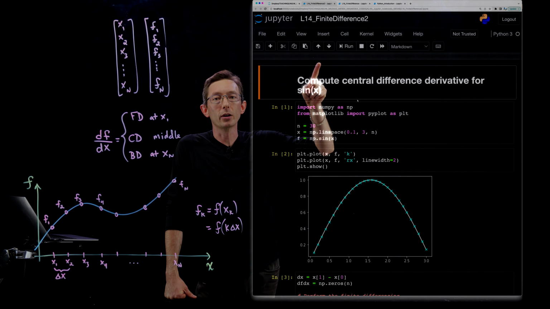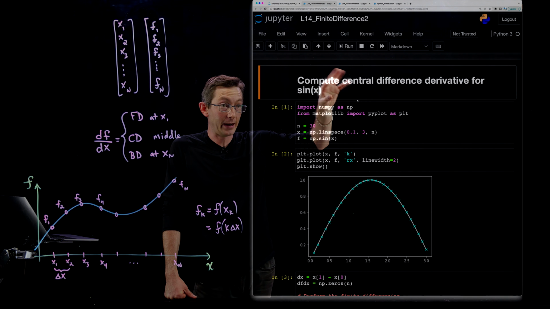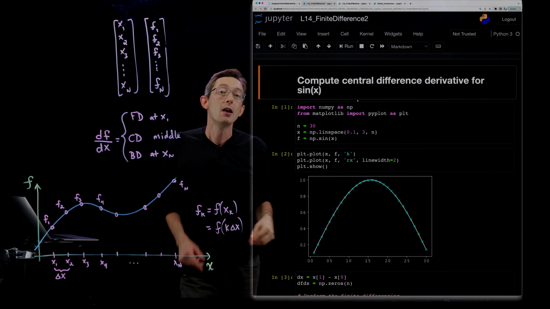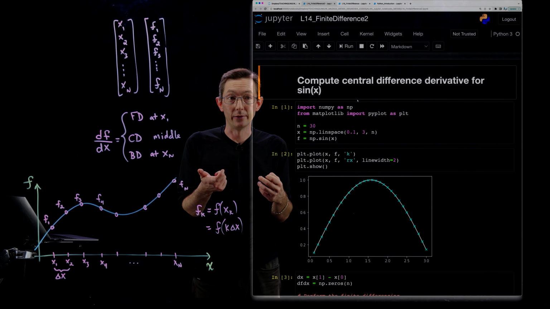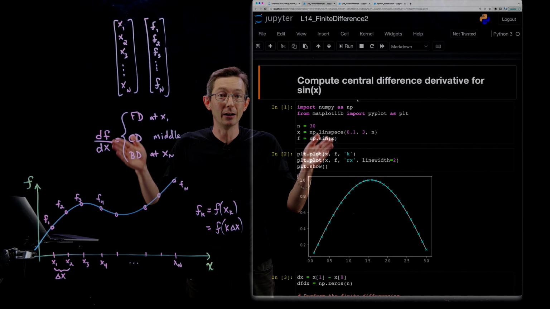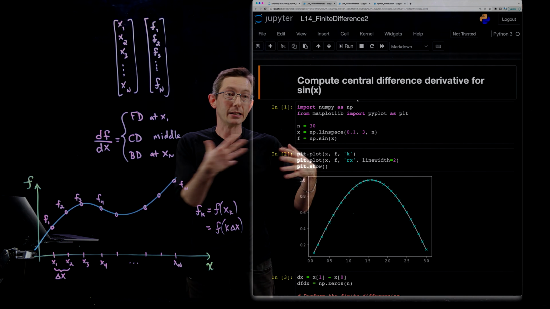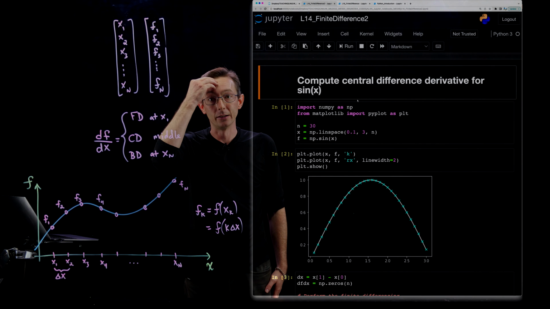And so similarly, we're going to compute the finite difference derivative of sine of x, but we're not going to do it from the function sine of x. We're basically going to create a vector of data, and then we're going to take the derivative of that vector of data.